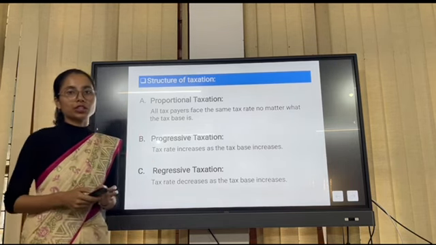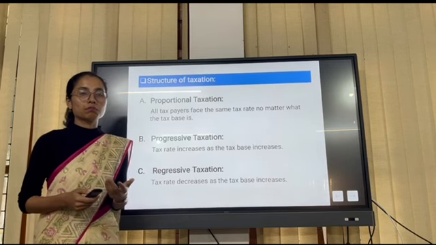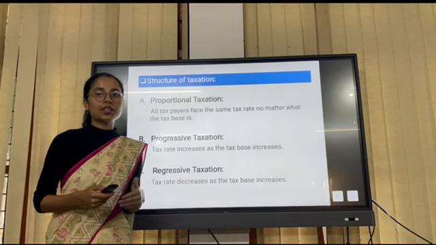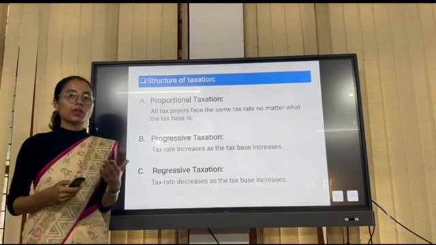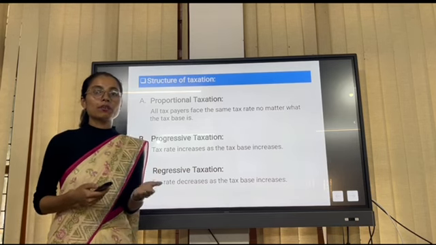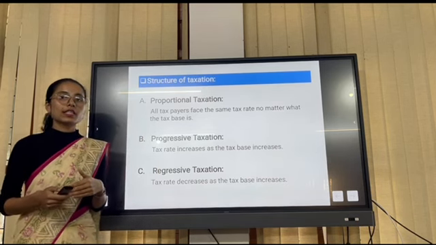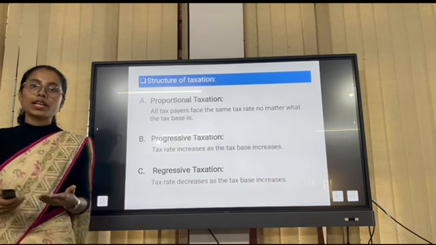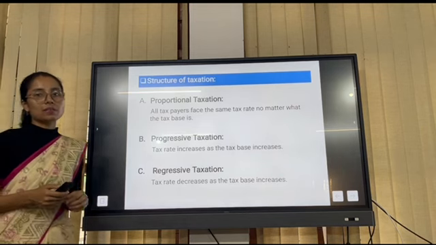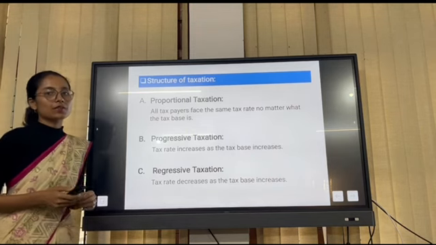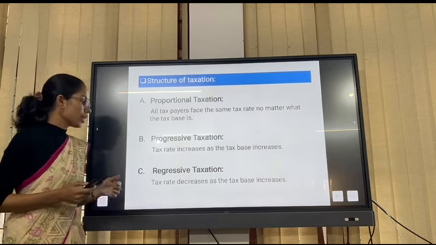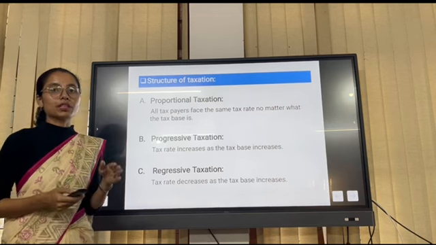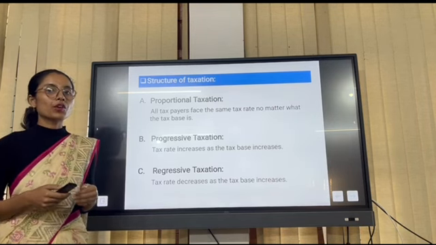In progressive taxation, the government levies a higher tax rate on the richer section, on people who earn more compared to people who earn less. Here the lower income earners pay lower taxes, and the higher income earners pay higher taxes. In regressive taxation, the situation completely changes, because as an individual's level of income increases, the tax rate starts falling.